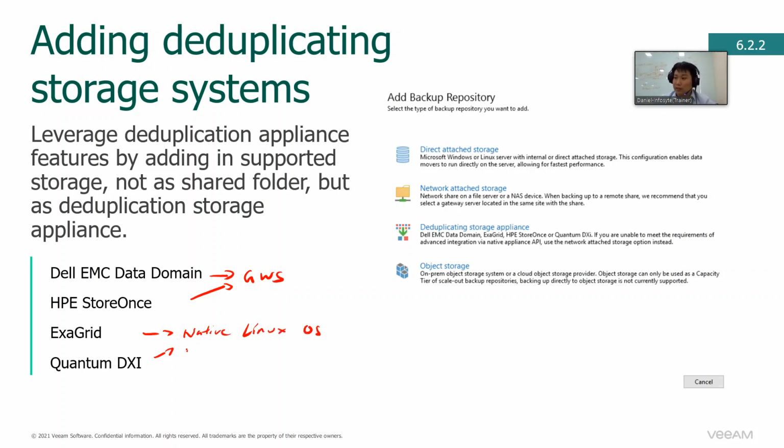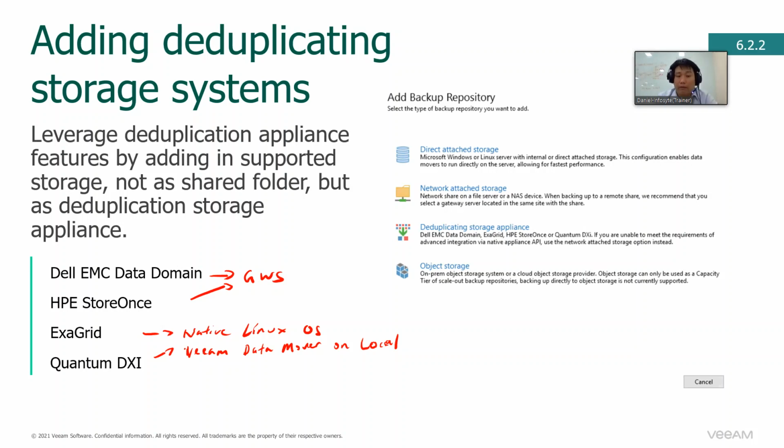So the data mover service will be running locally. For ExaGrid and Quantum DXI, I don't need to have an additional component like a gateway server, because Veeam will push the data mover service software to install locally, just like a plugin. I can utilize these two storages directly like a normal repository server. So you don't need additional things here to help you out.